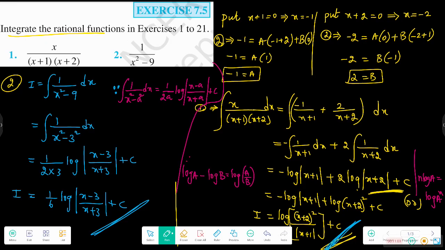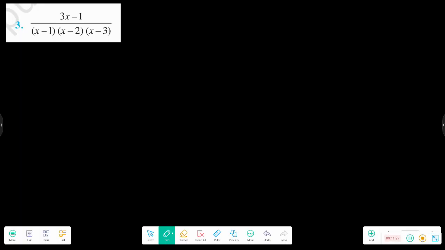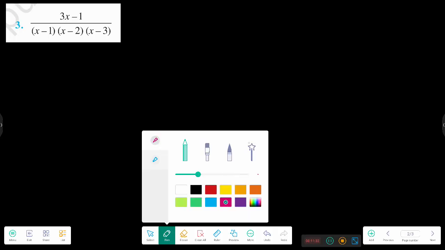I hope you understood the second one, a little easier than the first one. Next we will go to the next page, that is the third question.